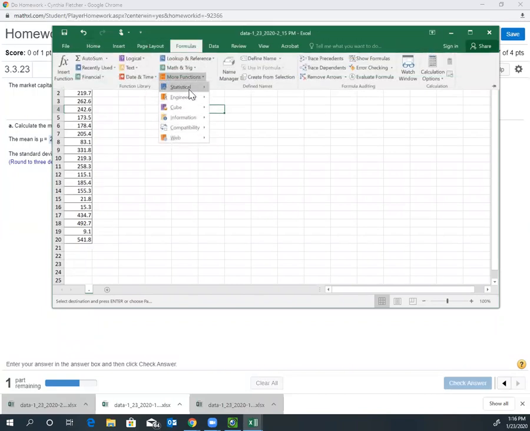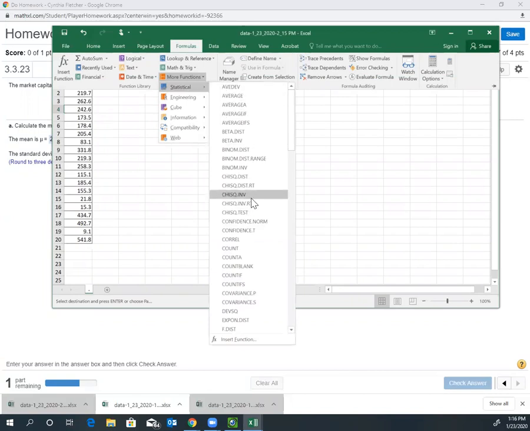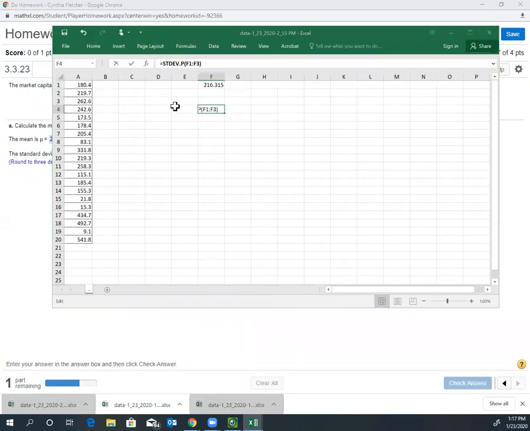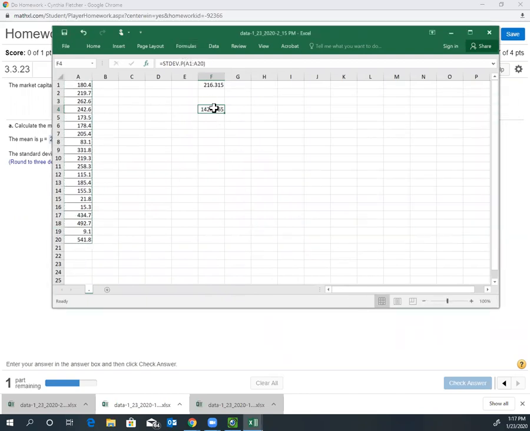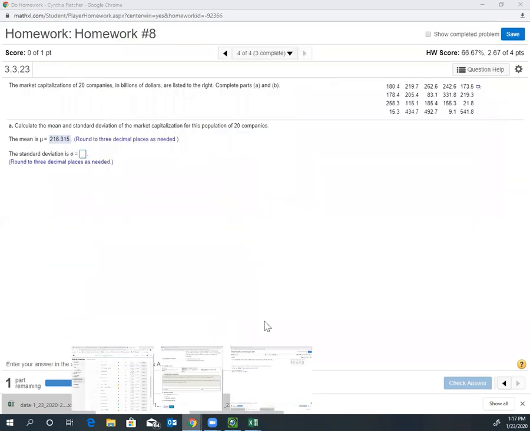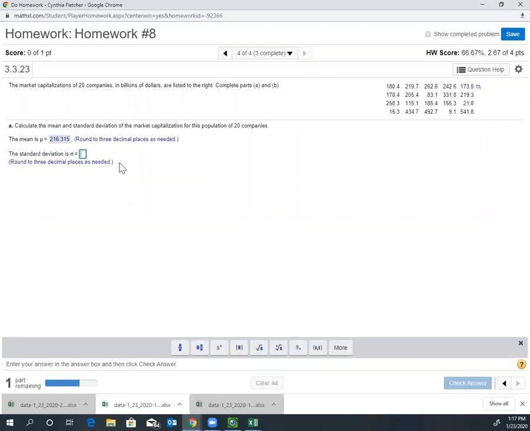Formulas, more functions. What was it? Standard deviation. And sigma, remember sigma is population. First, shift. Okay. This one asks us to round to 3 decimal places. So 3 decimal places, 5, 6, 7.